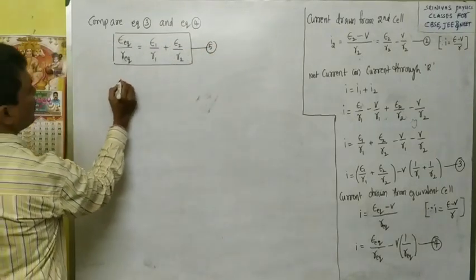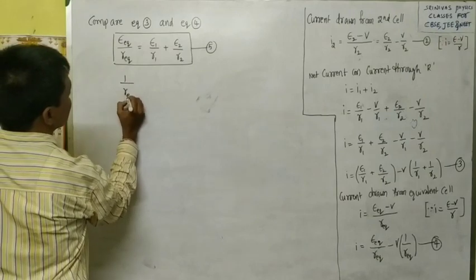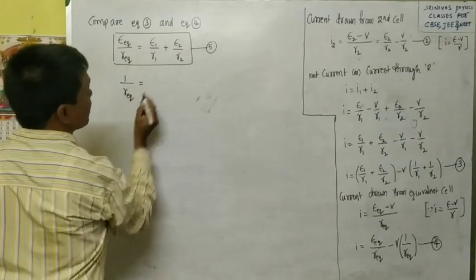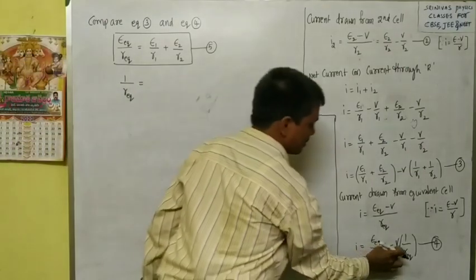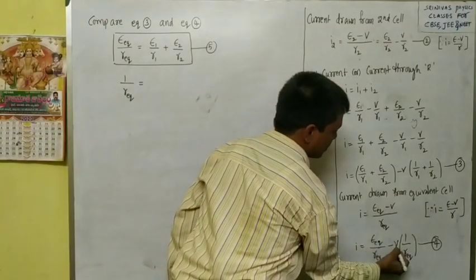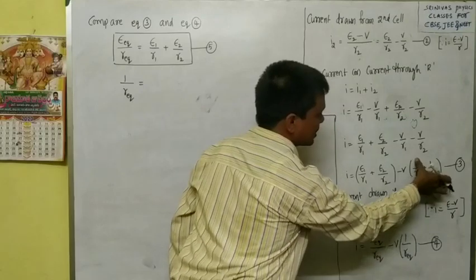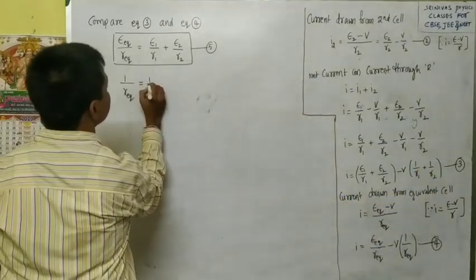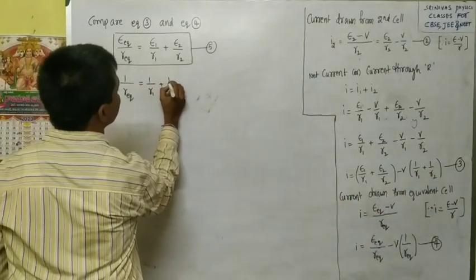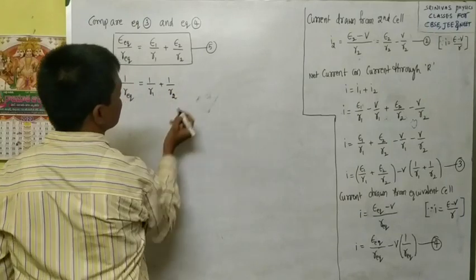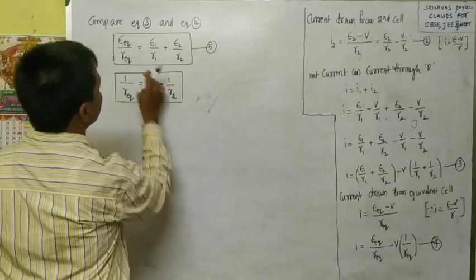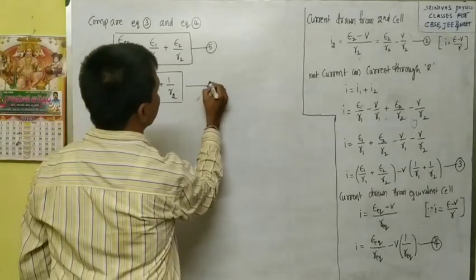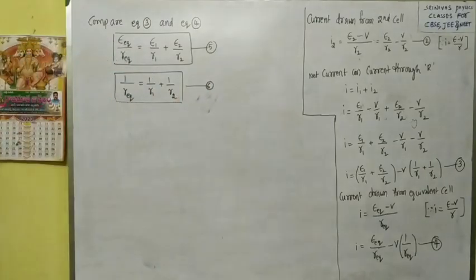And 1 by R equivalent, comparing with V, is 1 by R1 plus 1 by R2. In parallel combination, the effective EMF can be found using this formula, and the effective resistance can be found using this formula.